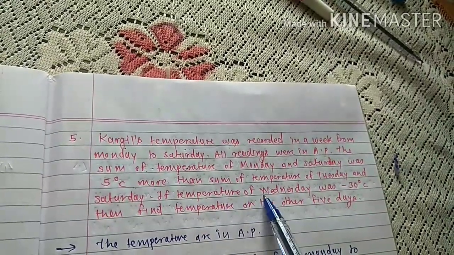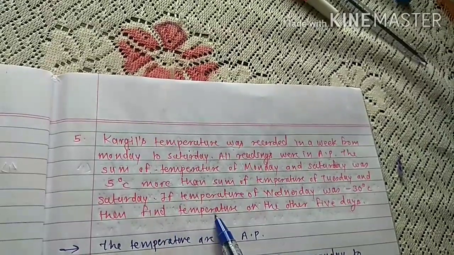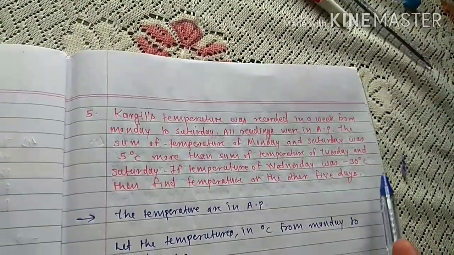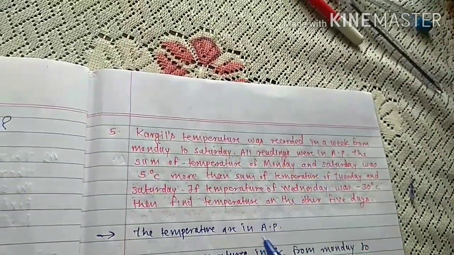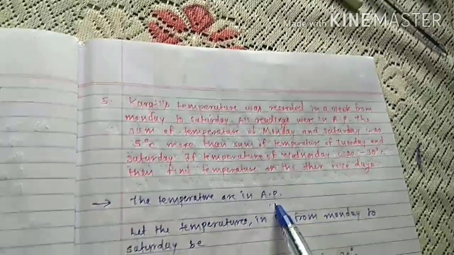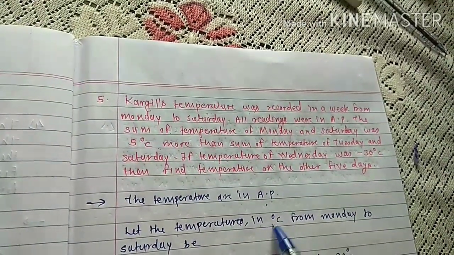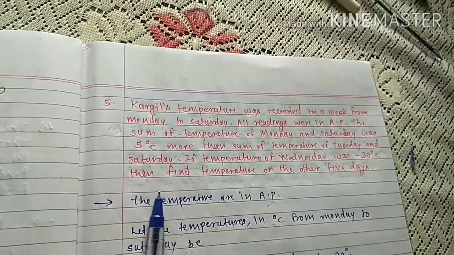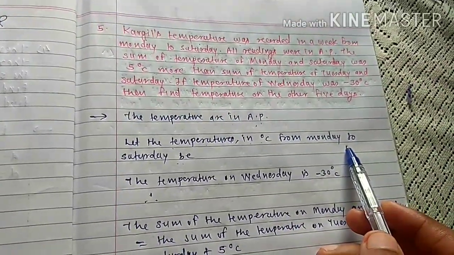If the temperature of Wednesday was minus 30 degrees Celsius, then find the temperature on the other 5 days.